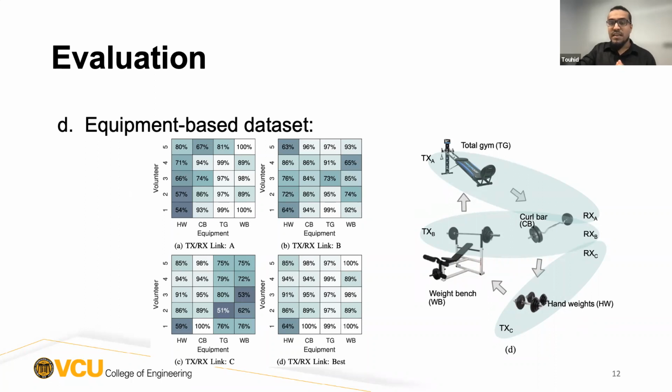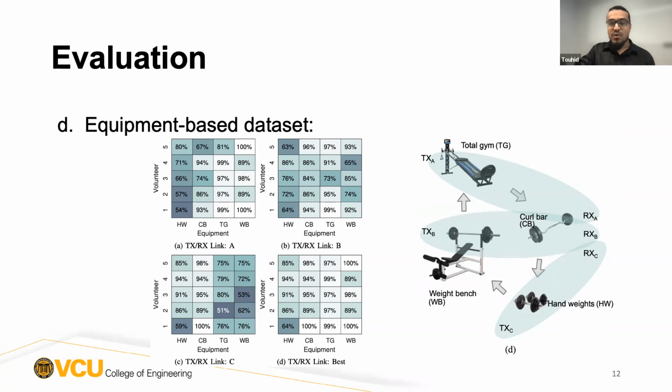Here, the middle link B achieves slight improvements for some of the volunteer equipment pairs, but there is no consistent behavior where it achieves greater accuracy than the other TXRX links. As such, while link B does not itself achieve a greatest accuracy, it can still help to improve the overall system. Moreover, hand weight-based exercises are seen as the most confusing one for all volunteers.